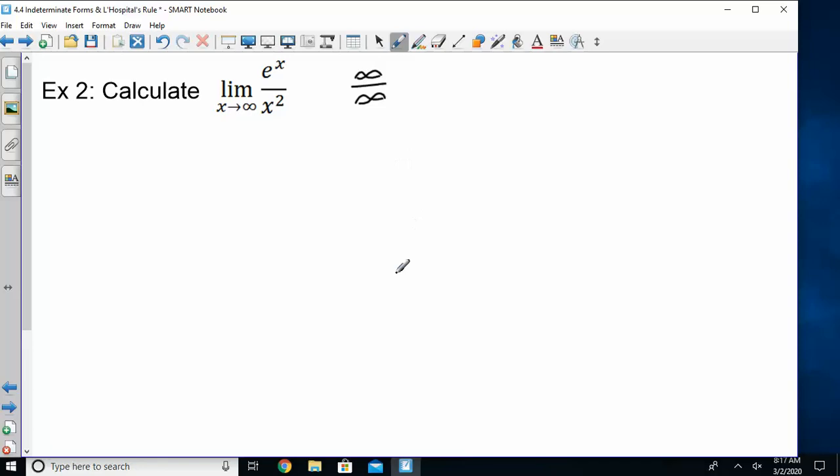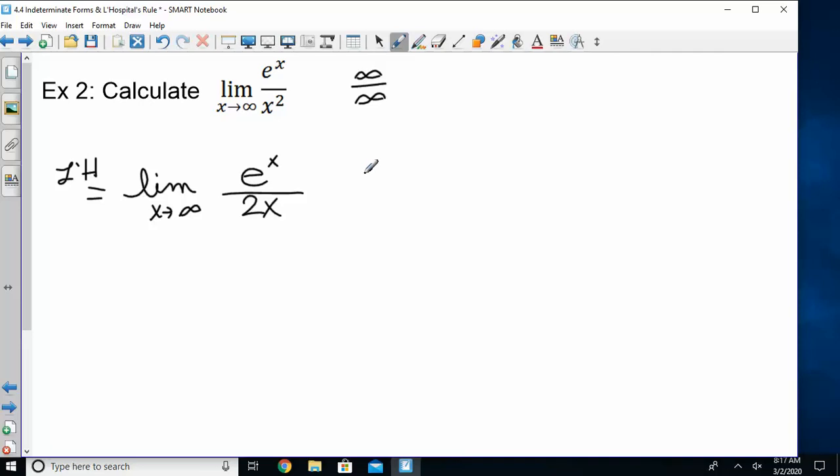So this is infinity over infinity, which is an indeterminate form. So we can do L'Hopital's. Derivative of e to the x is e to the x, and the derivative of x squared is 2x. Okay.